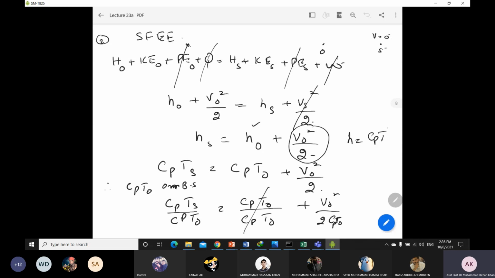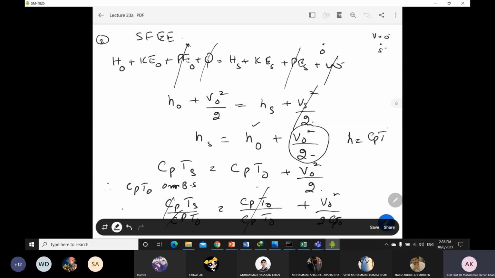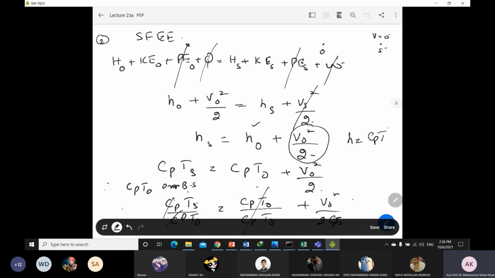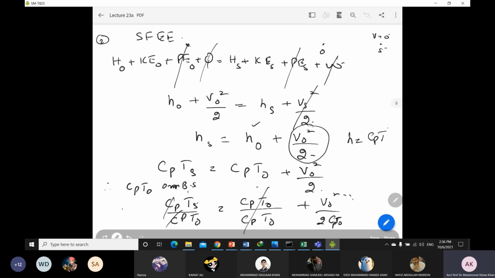This term is eliminated, this term is also eliminated. You have to note it down. Our final equation becomes Ts divided by T naught equals 1 plus V naught squared divided by 2 Cp T naught. Till this point you have to note it down, and then we move towards the next part.